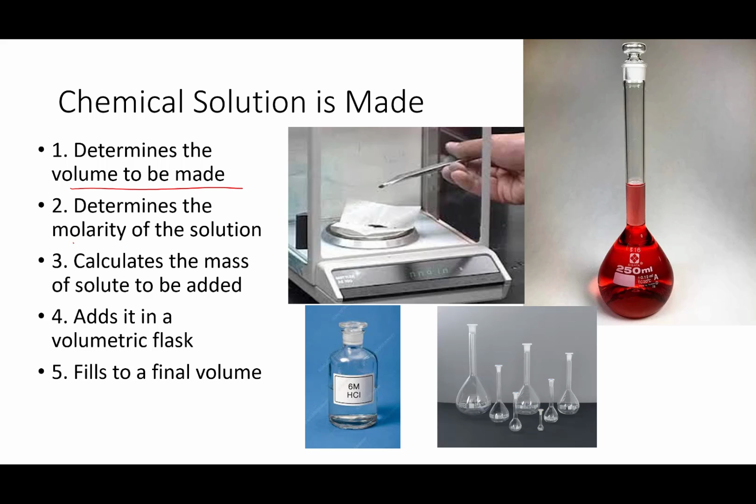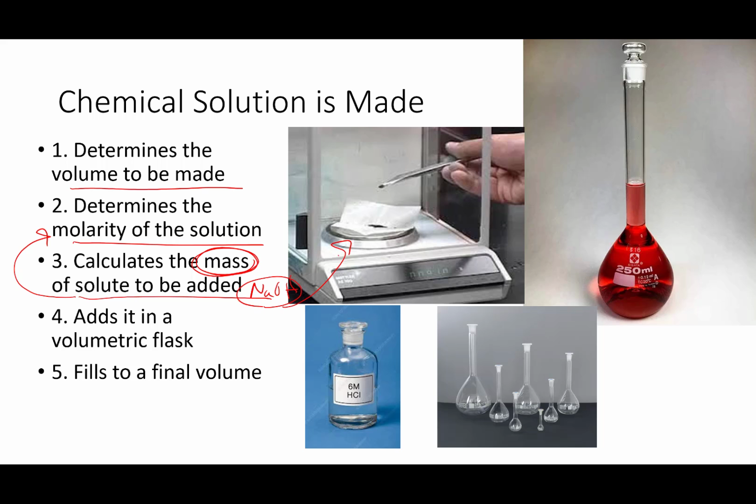Then you would decide what molarity of that solution you were going to make. You'd go through some calculations, and we're just not going to go through deep calculations of molarity. For a certain molarity, you would calculate how much mass of whatever chemical you were dealing with, sodium hydroxide or whatever else, and you would find that mass on a balance.